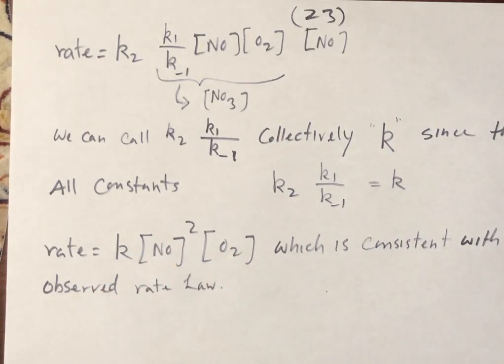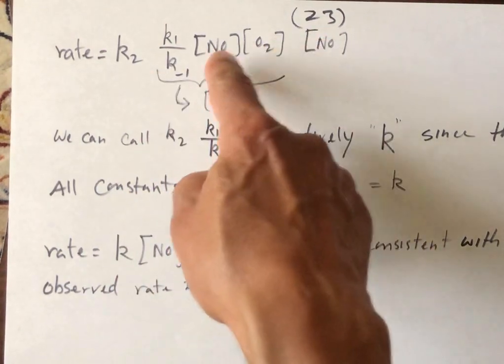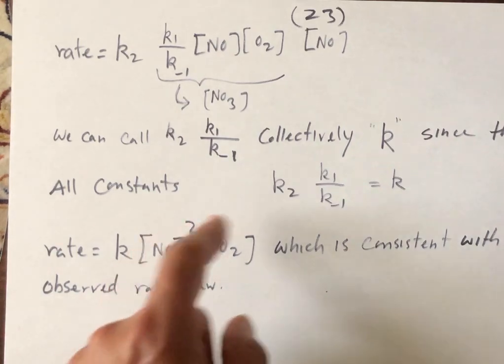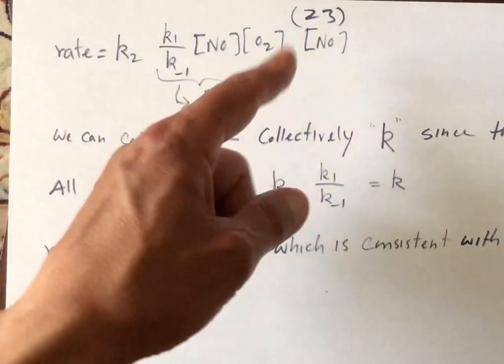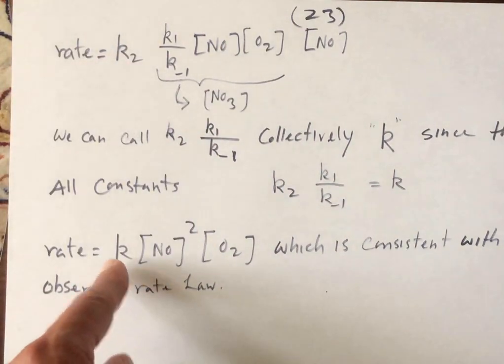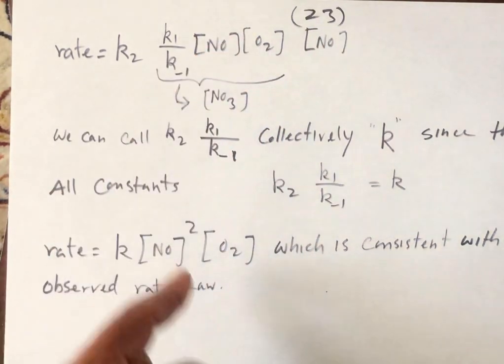So we're going to call all those constants collectively just one single K. And the rate becomes K times NO squared times O2. So I'm cleaning up this equation here. K2 K1 over K minus 1, I'm going to call it K. NO times NO, that's NO squared. And then O2 is what I'm left with.